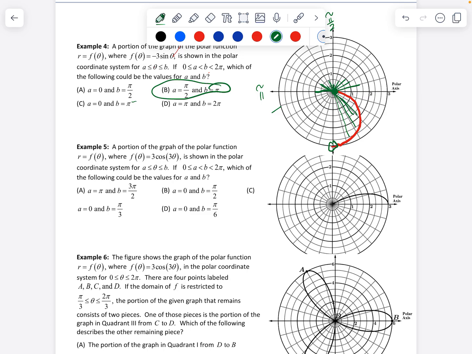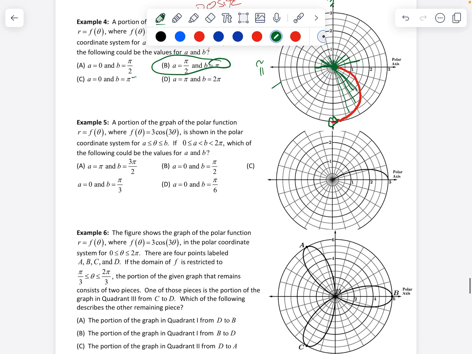All right, the next one. So similar. Here's another portion of the graph. A and B are positive angles, again, because theta is between A and B, which are between 0 and 2 pi. Which of the following could be angles?